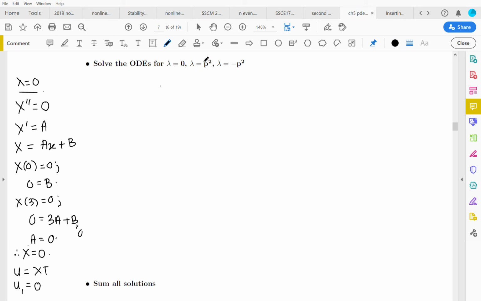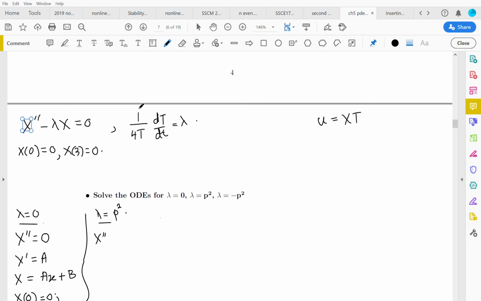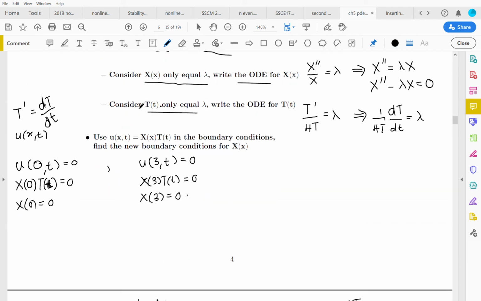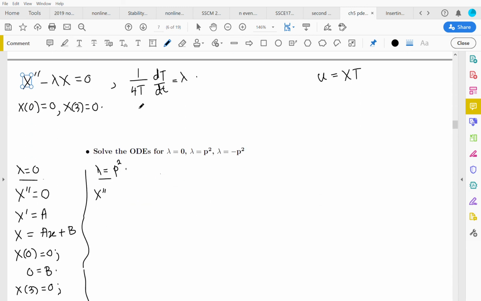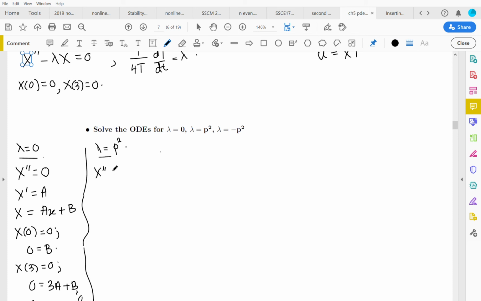The second lambda is lambda equal to positive p square. We substitute into the ODE. So we have X double prime minus p square X equals 0. So this is a second order homogeneous ODE.